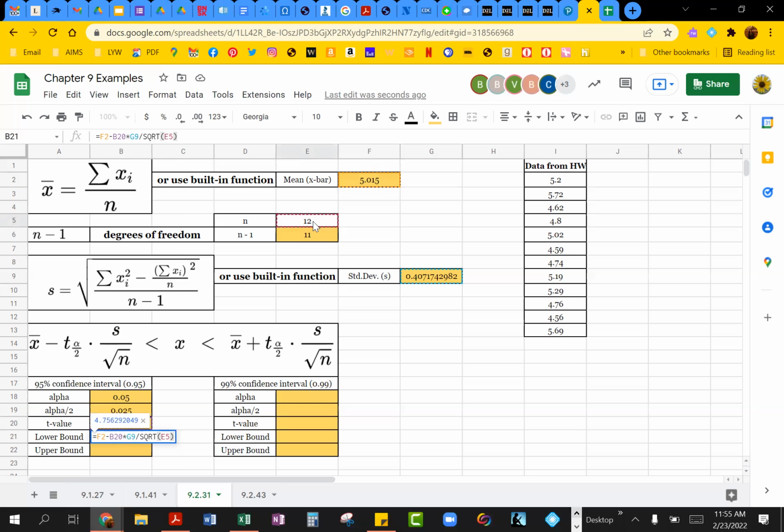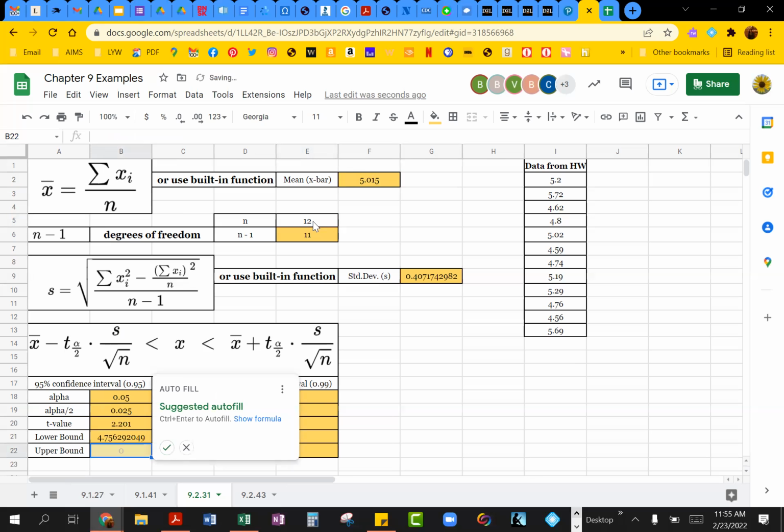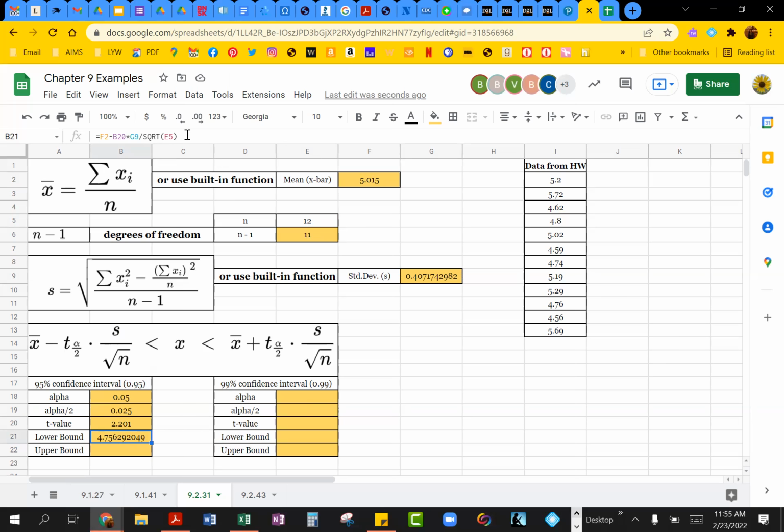So not the degrees of freedom, the actual 12, your random sample. And that is going to be our lower bound. And again, the only difference between lower bound and upper bound is that the minus sign needs to be changed to a plus sign. So change that to a plus, and that will give us our upper bound.